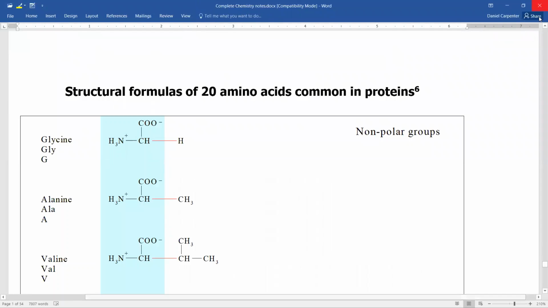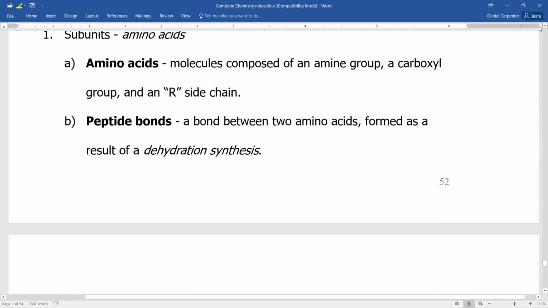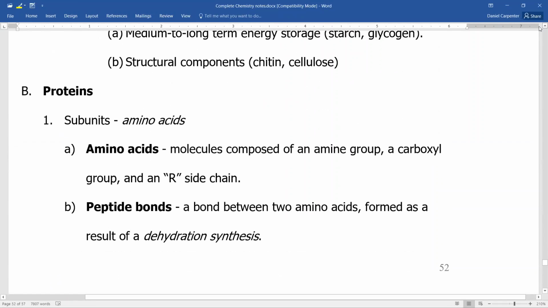All right, we were ready to start with proteins. Proteins, as I pointed out to you yesterday, are very, very, very important. Of course, everything's important in you.